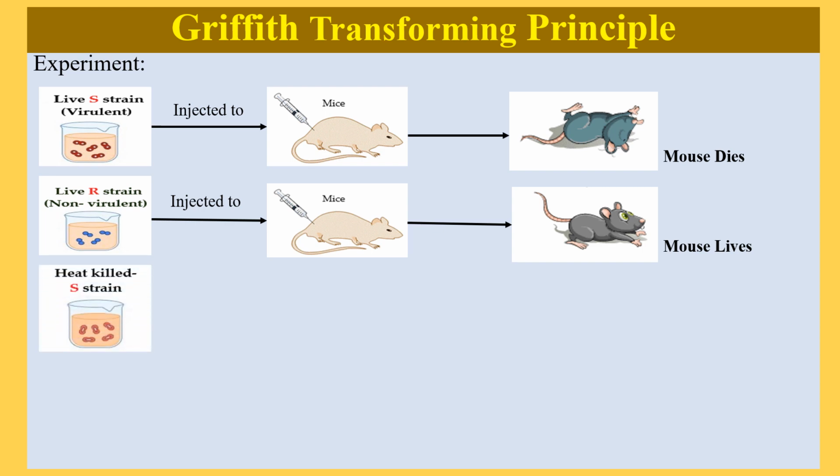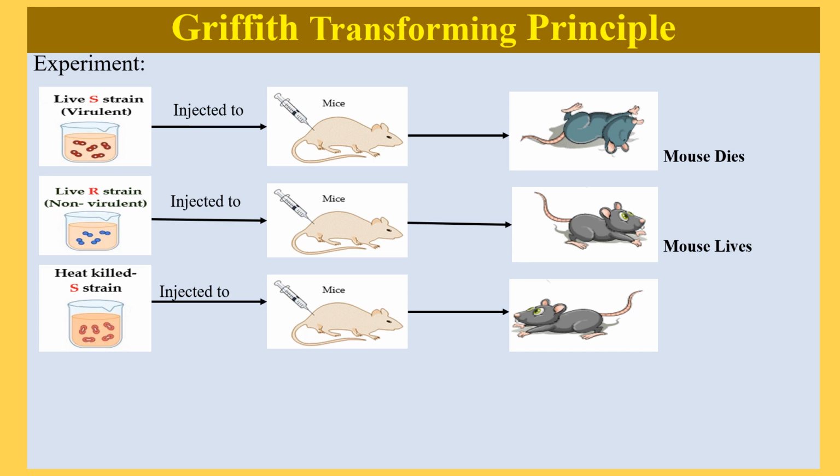In the next step, he took S strain and killed it by giving heat. Heat-killed S strain is not able to cause pneumonia. He injected heat-killed S strain into the mice. The mice remained alive because S strain is killed, hence it is not able to cause pneumonia.